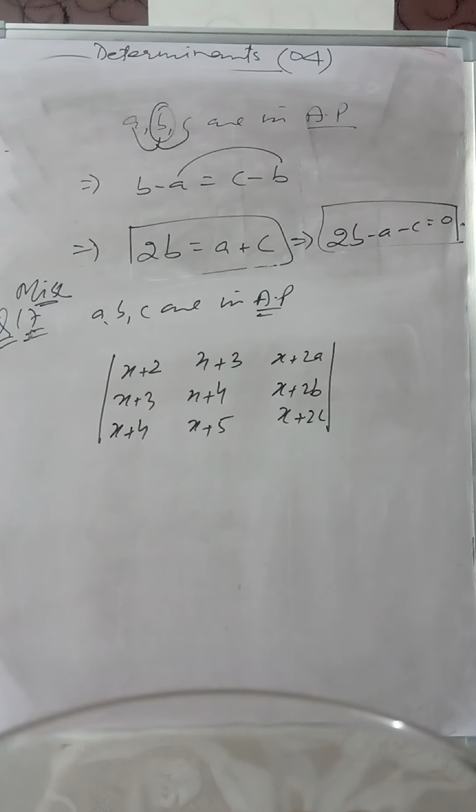So he's asking us what will be the value of this determinant. Right, A, B, C are in AP. So this will be the relation.